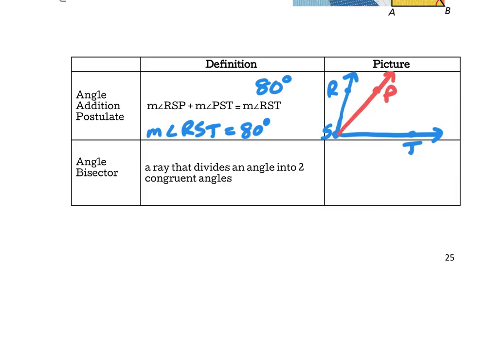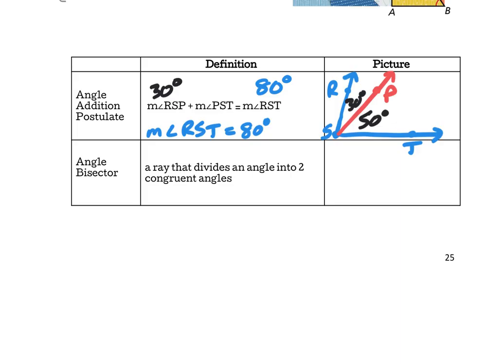RSP plus PST would equal this whole thing, okay? So what I could do in here is maybe I tell you that this one here is 30 degrees. What would measure of PST have to be? 50, right? Because these two angles together have to add up to be the big one, okay?